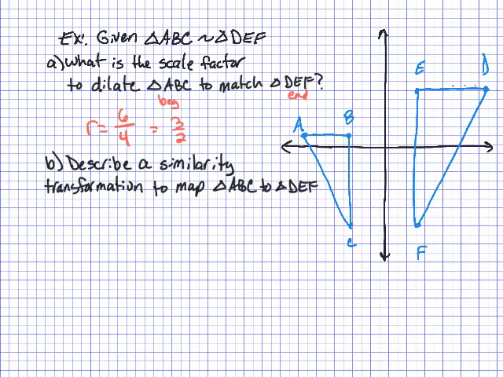Okay, and then we're going to describe a similarity transformation to map ABC to DEF. We already have our scale factor. There are several correct answers. I'm going to translate using that translation vector CF, and I can write this in symbols.